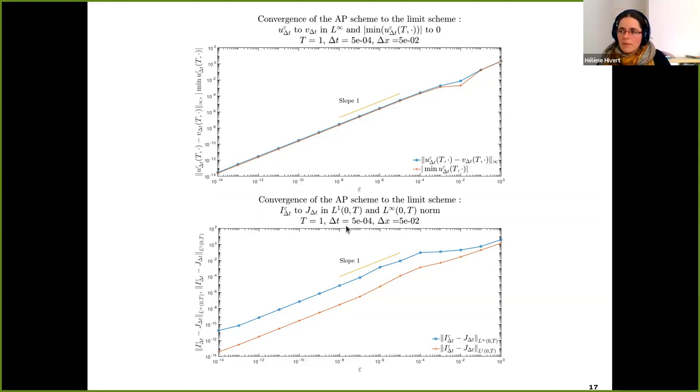Since the discretization is fixed in the numerical computation, we are in fact working in finite dimension. So it is expected that these two norms basically have the same behavior because they are equivalent in finite dimension. But this is not a real behavior. This is only because the discretization is fixed.